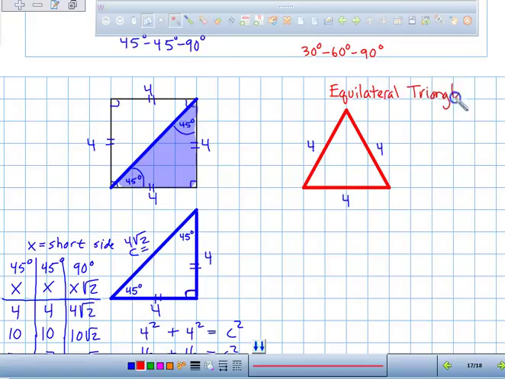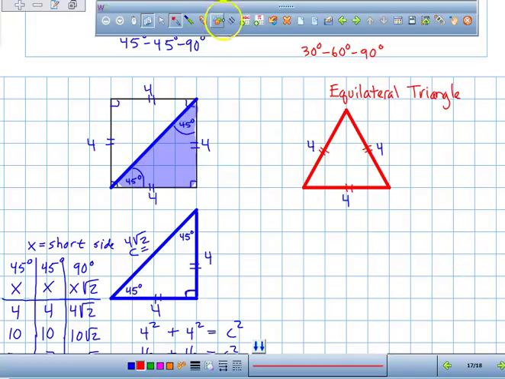What do we know about all equilateral triangles? All the sides are equal. So put a double tick mark, and I'm doing a double tick. So we got a 4, and a 4, and a 4. I don't know, but we have 4, 4, and 4.